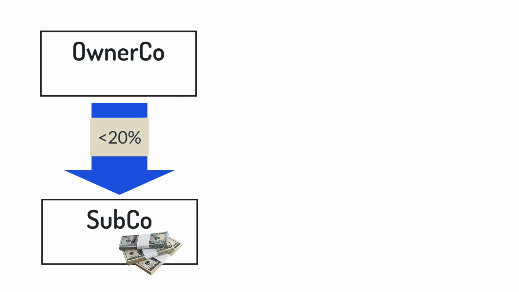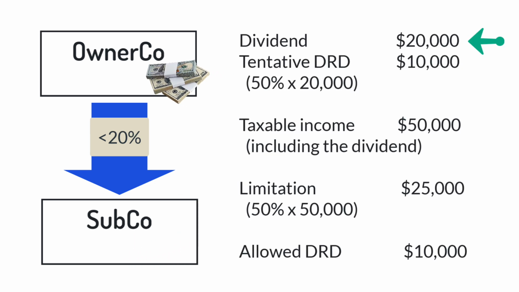So how does it work? Let's say Owner Co. owns less than 20% of Subco and receives a dividend. The dividend is $20,000, so the tentative dividends received deduction is $10,000, 50%. Let's say that Owner Co.'s taxable income is $50,000, which includes the dividend.